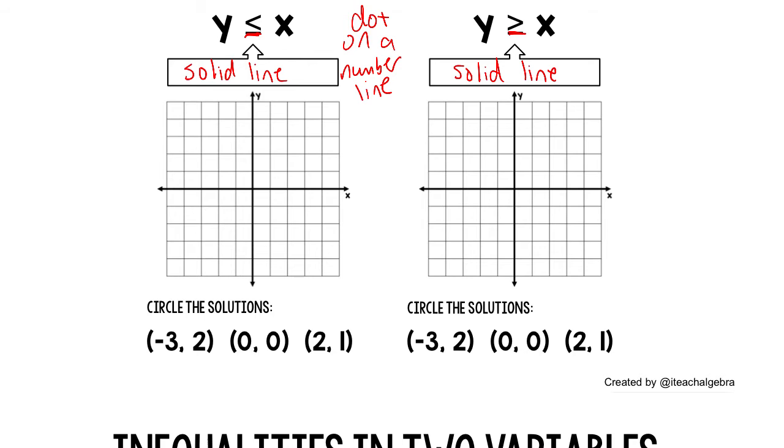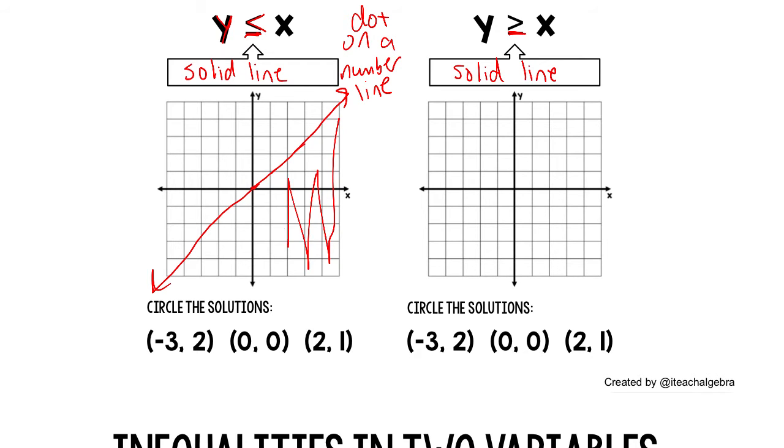All right, so same thing applies. We've got Y equals X. So 1, 1, 2, 2, 3, 3, except now we have a solid line that splits our coordinate grid in half. And this is y less than or equal to x.